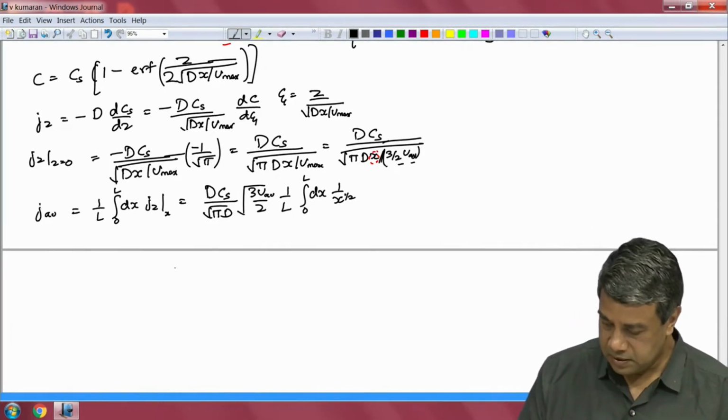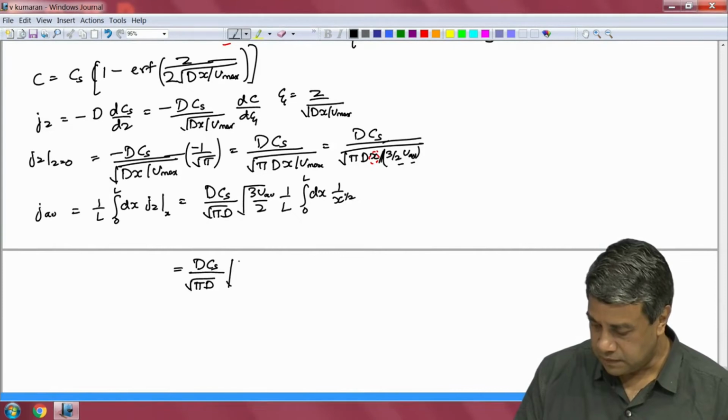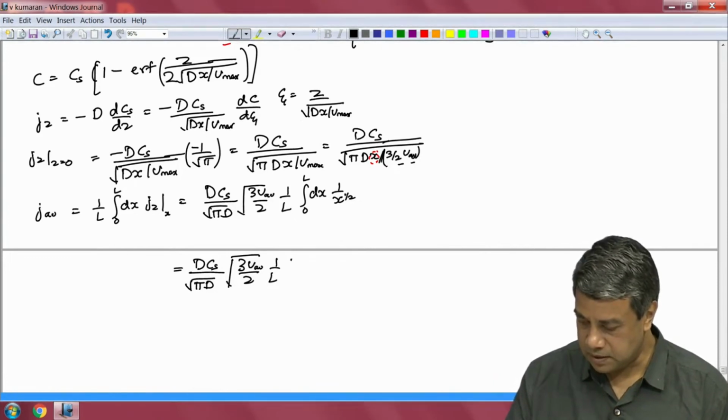So, this will turn out to be equal to D Cs by root of pi times D root of 3 V average by 2, and I will get 1 over L times 2 L power half.